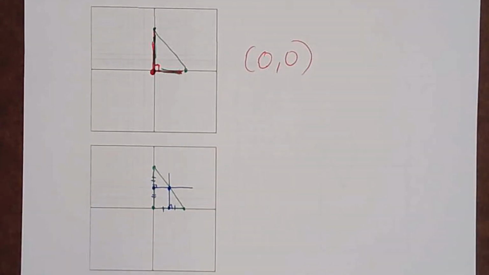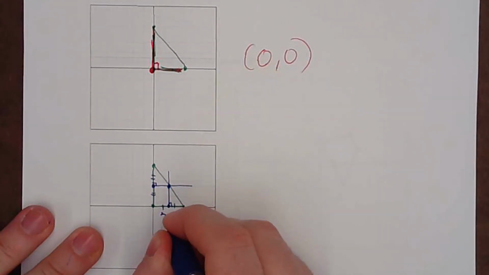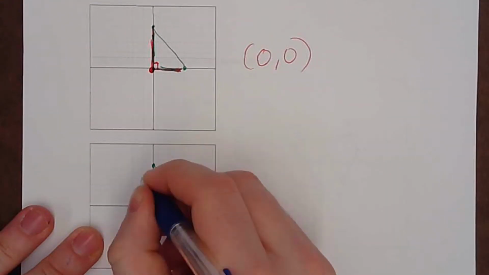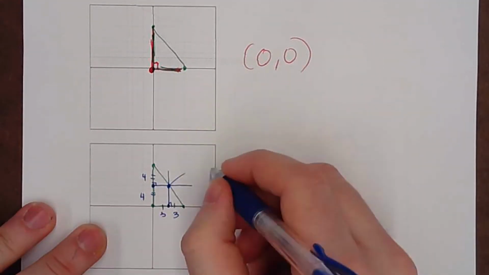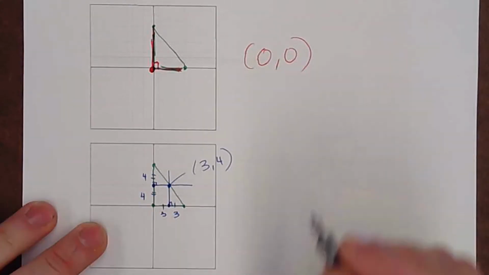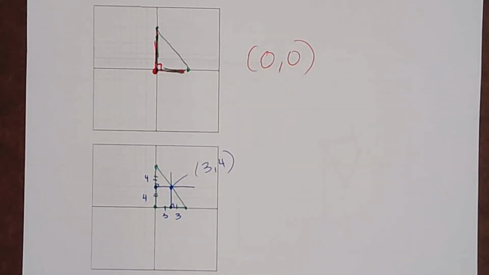You'll notice on a right triangle, they intersect in the hypotenuse, don't they? If this is a midpoint, that's 3 and that's 3, and that's 4 and that's 4. So this coordinate right here is 3, 4: 3 to the right and 4 up.